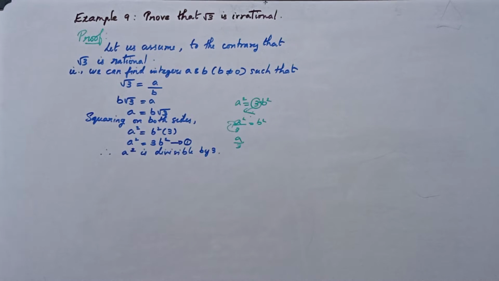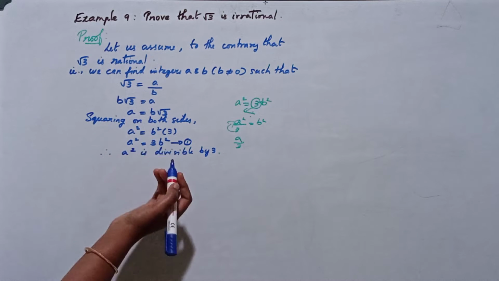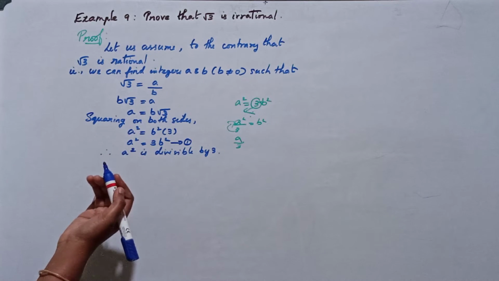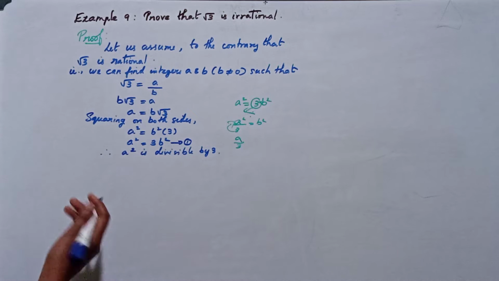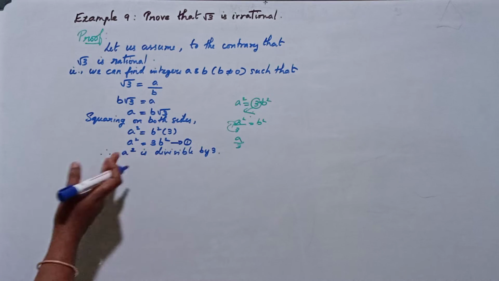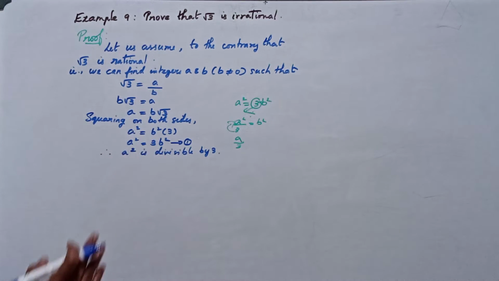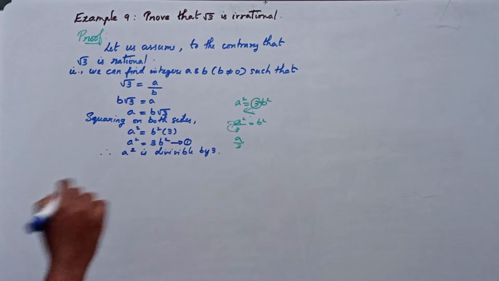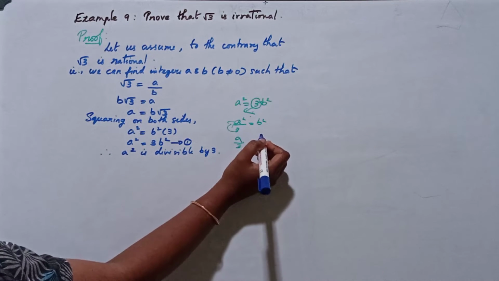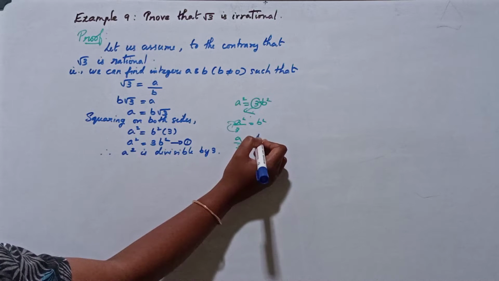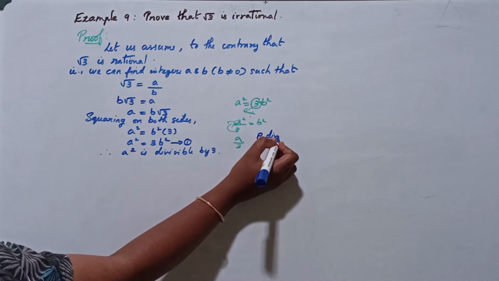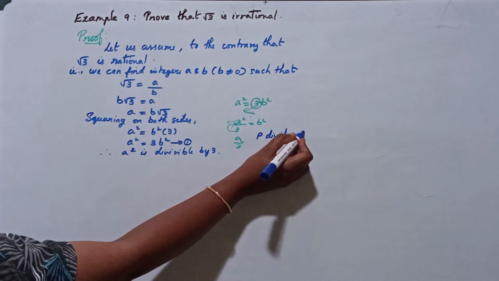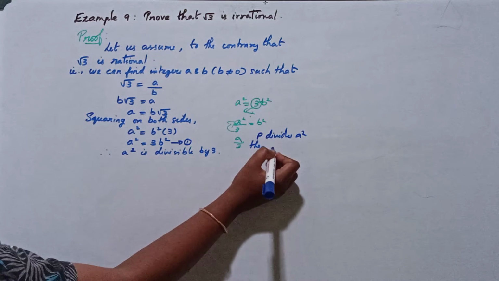Okay, so in the next step you are going to write, so that we have learned already in the last theorem, right? In theorem 3 we have learned already that if p divides a square, then p divides a. That is the theorem we have learned already, right?